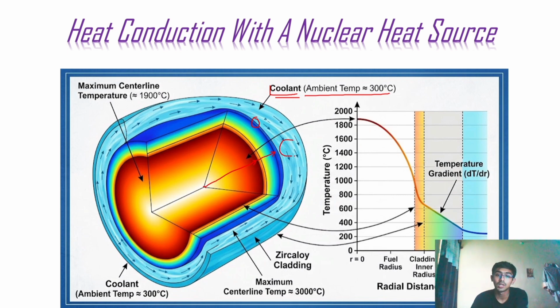But in this medium there is no conduction, because there is no particular arrangement of molecules. There is a coolant whose temperature is given, so the heat from this portion will go through the convection process.